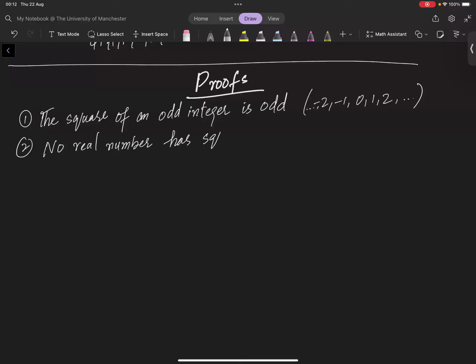Number 2: no real number has a square equal to -1.